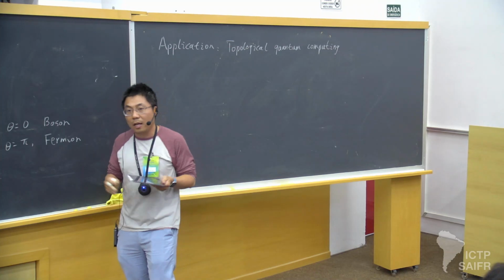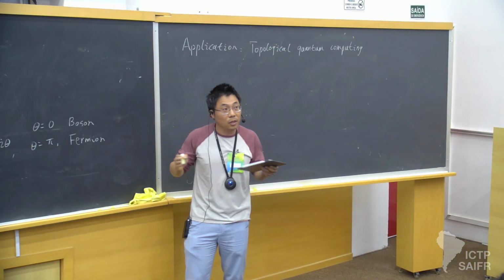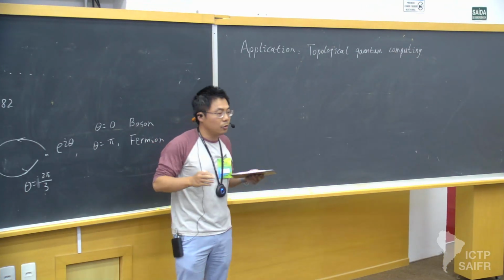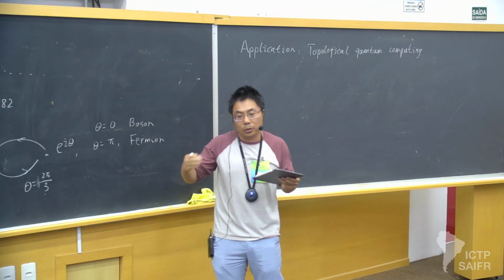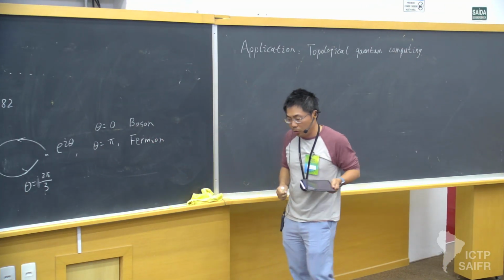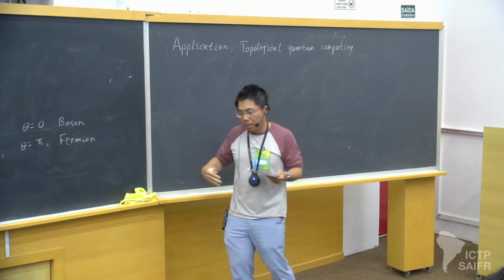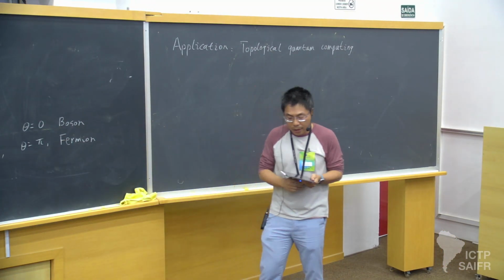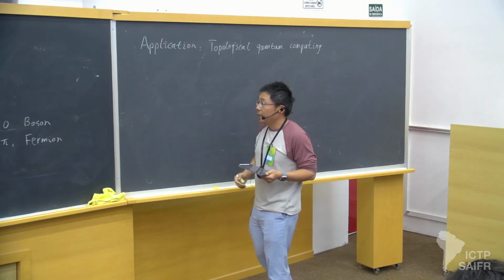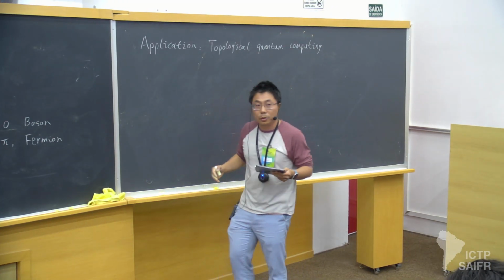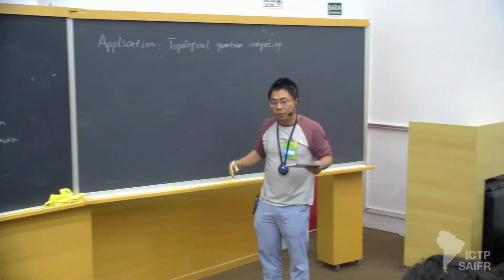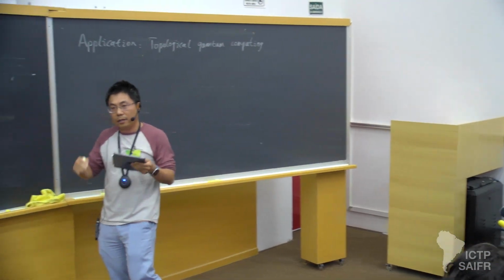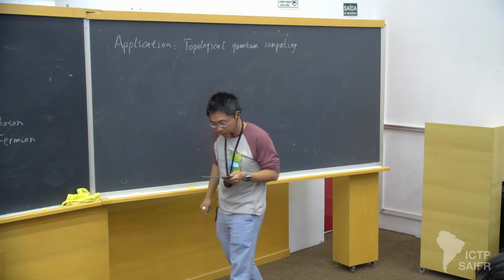Many big companies have their own quantum computing devices, but all those devices suffer very large errors, which makes it hard to apply them to the problems that we are interested in. And the idea of topological quantum computing is really a scheme that is error-free, that there's no error at all in such quantum computers.